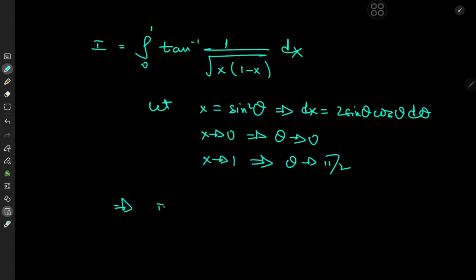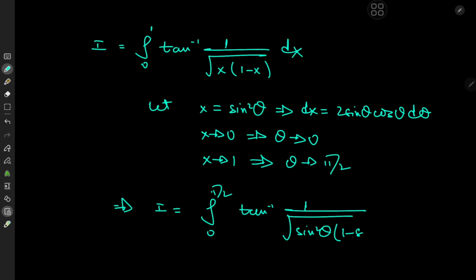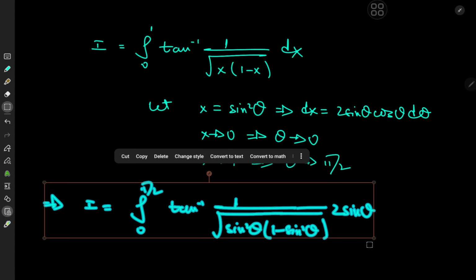So this implies that I transforms into the integral from 0 to pi over 2 of arctangent of 1 over root sine squared theta times 1 minus sine squared theta, and we have a 2 sine theta cosine theta d theta, but I do need some writing space.